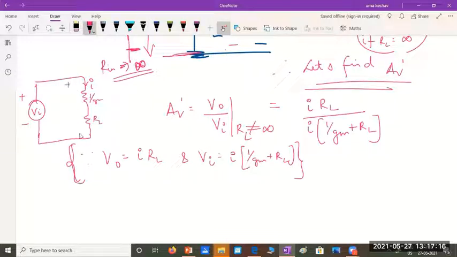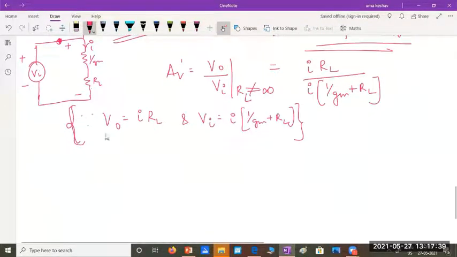So I'm just trying to measure the voltage across this as VI. It will be I into (1 by Gm plus RL). Okay. And this current is not supplied from VI, but it is coming from here. Anyway, wherever the current comes from, that's why I can't write a closed loop. So this can be the way in which we represent it.